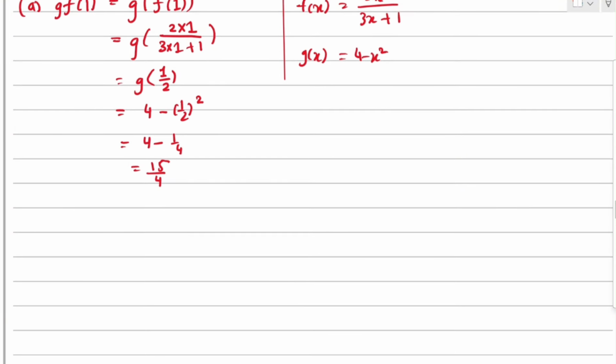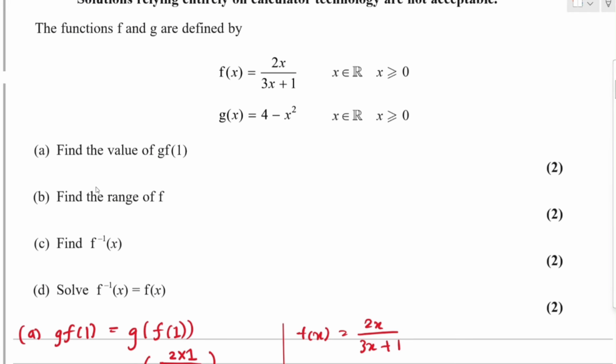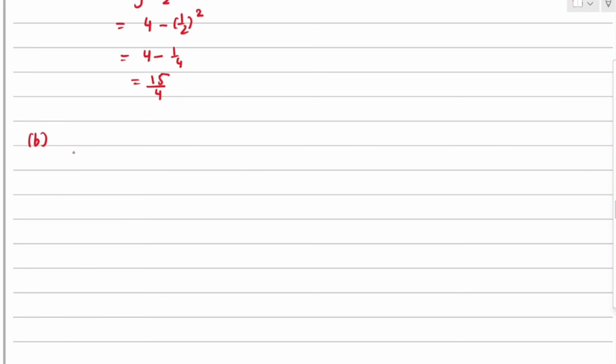Now for part B, we have to find the range of f. To find the range of f, let us first write the function f. We know that the domain for this function is x is either equal to or greater than 0.